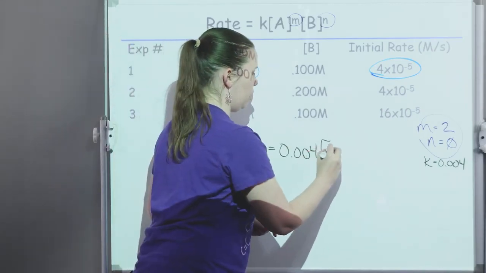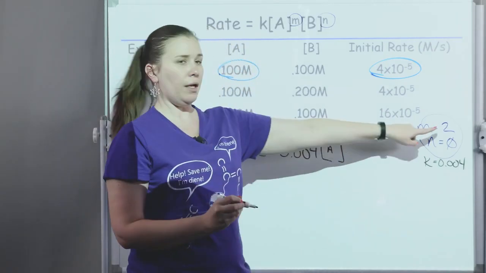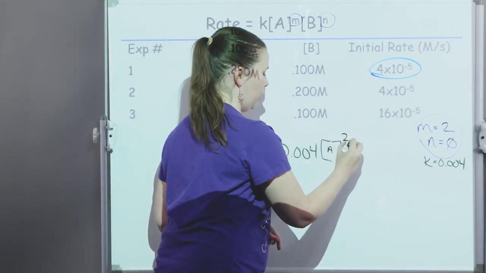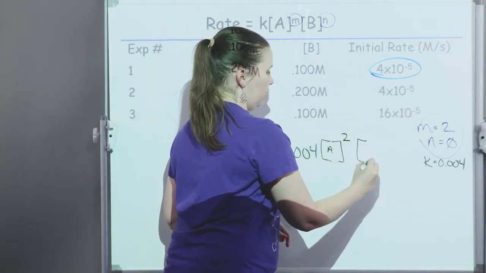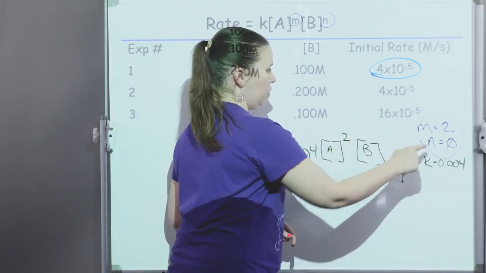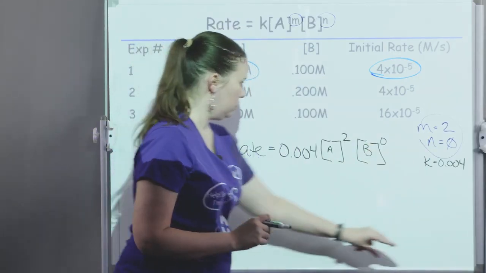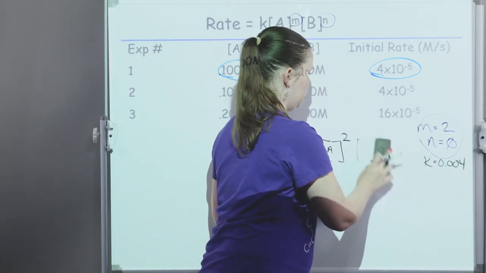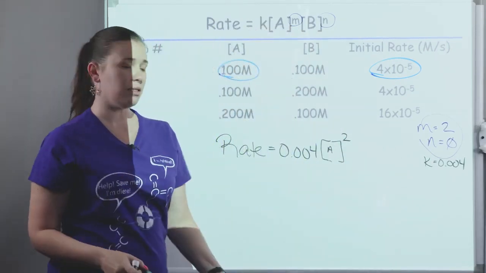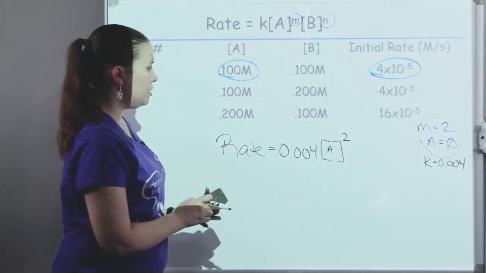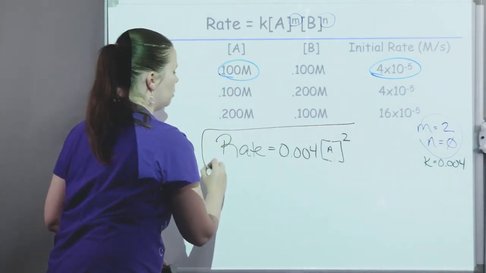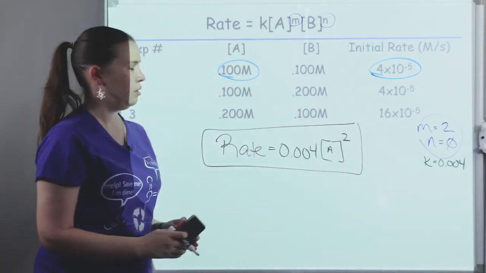Here we're just using a generic A. And then I'm going to write my M, actual number M, 2. Then I have my B to the order of 0. But like we talked about just a second ago, we wouldn't write that because if it's to the 0th power, then it doesn't affect the rate. So this is my final version of the rate law.